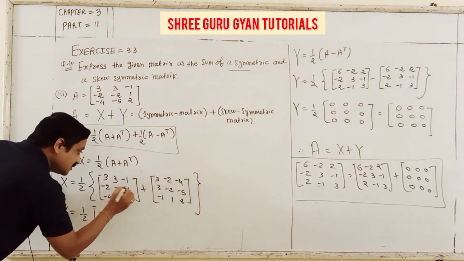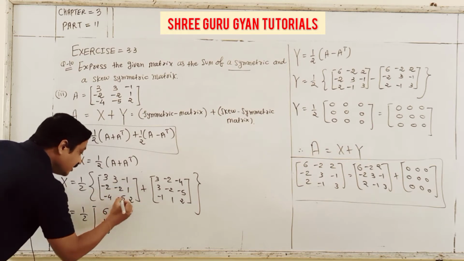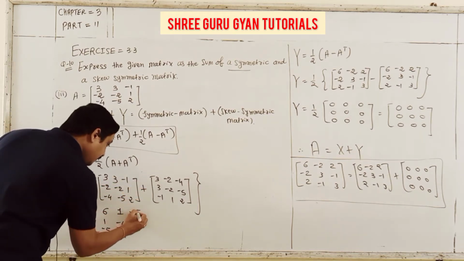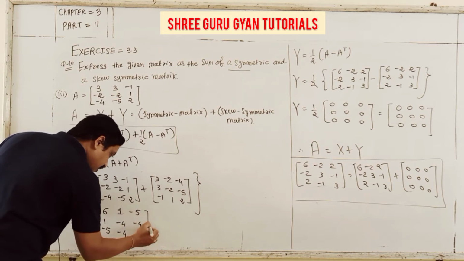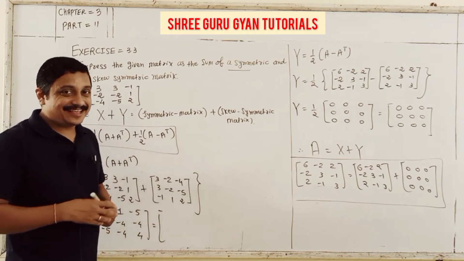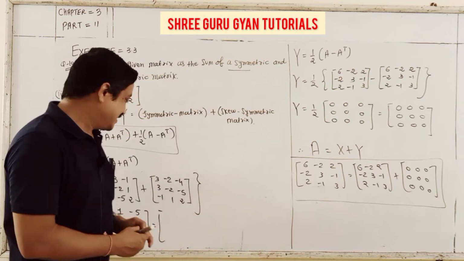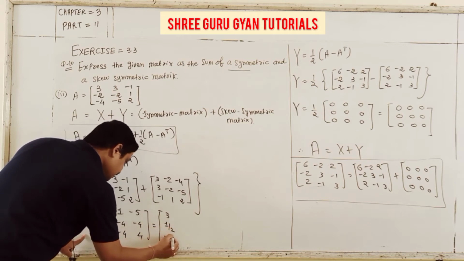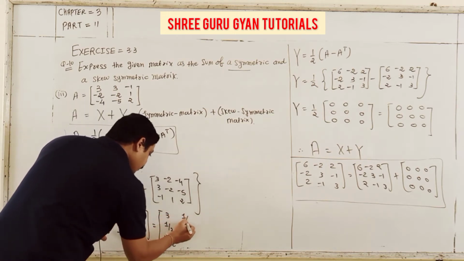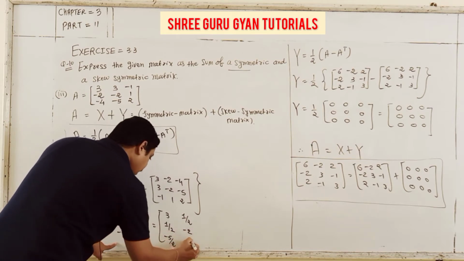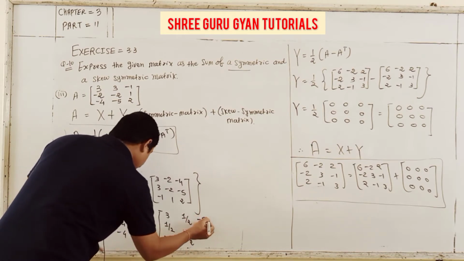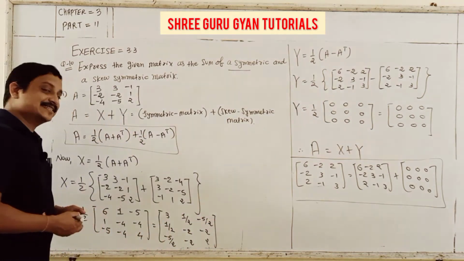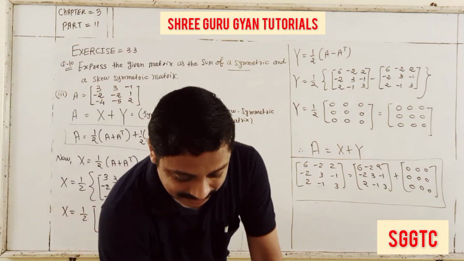So 3 and 3 is 6, 1 minus 5, 3 minus 2 is 1, minus 4, and minus 4, next minus 5, next minus 4, and the 4. Now try to divide each entry by 2. So here divided by 2, so 3 half, minus 1 by 2, next half, minus 2 and again minus 2, next minus 1 by 2, minus 2 and the 2, and that becomes your first result: X is a symmetric matrix.